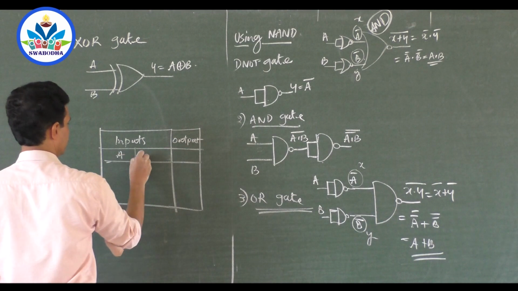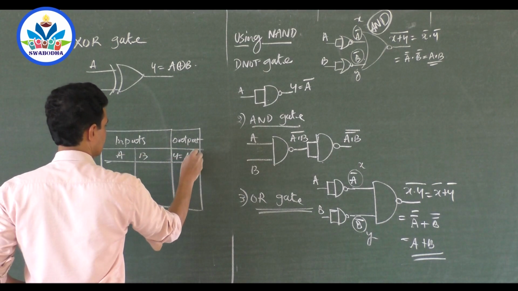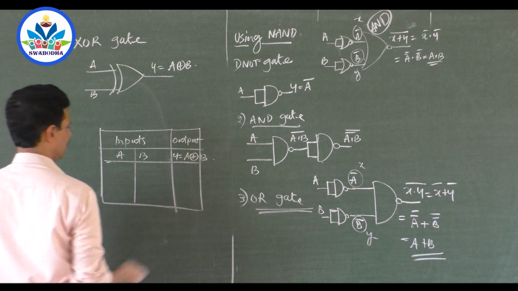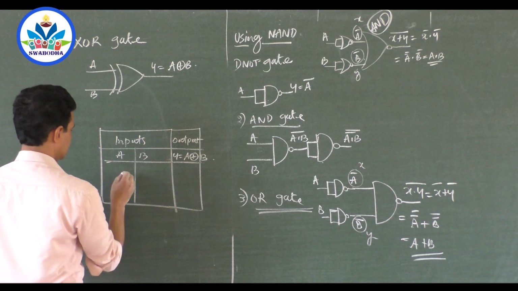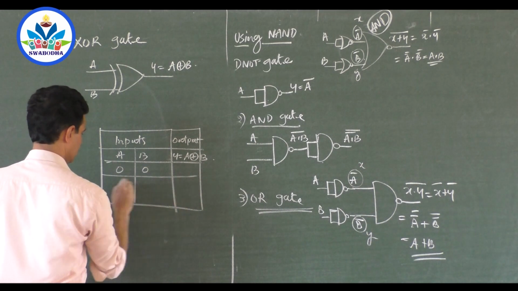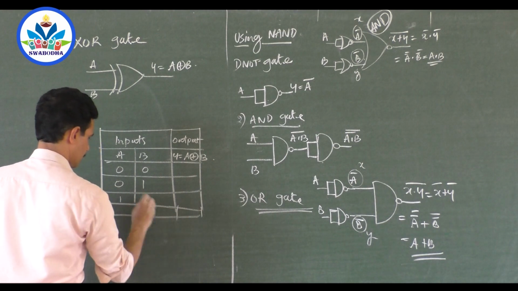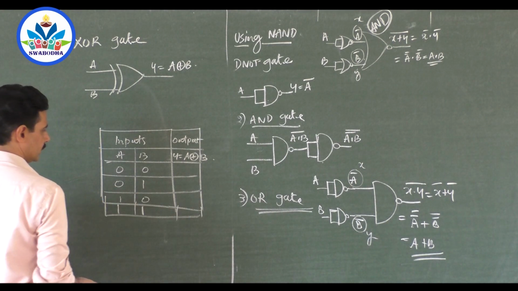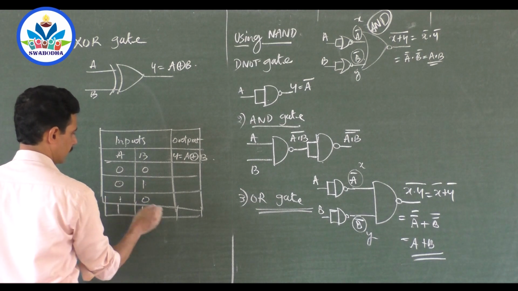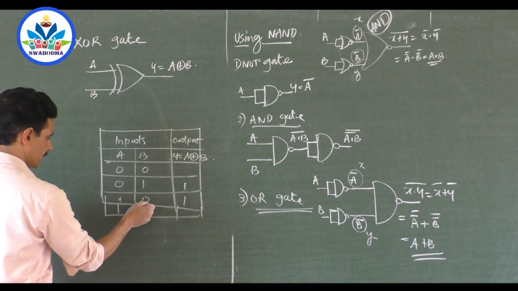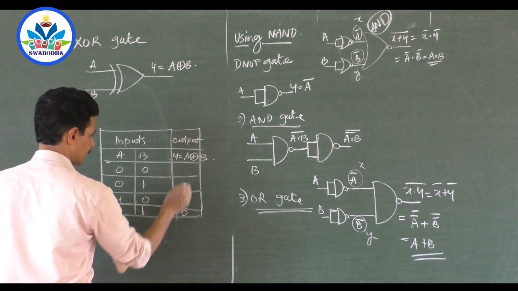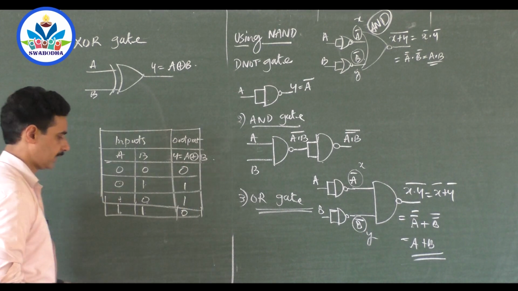A, B, and Y is called A circle sum B. That is the symbol, XOR gate. And 0 0, 0 1, 1 0, 1 1. What is the output? When the inputs are different, output is 1. When the inputs are similar, output is 0. This is the type of XOR gate.